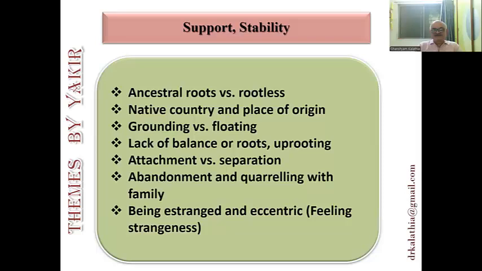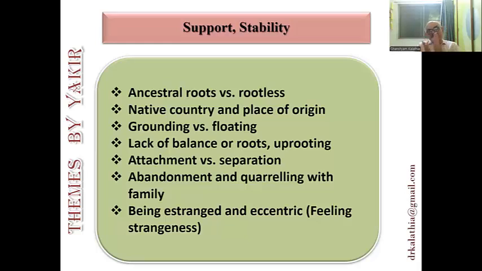Support, stability, another thing. You see, grass has a shallow root system. So they get uprooted very easily. And that's why being rooted, family is rooting you. Not only family, they are so attracted to and missing their motherland, the place of origin.